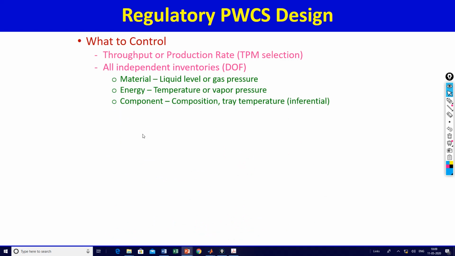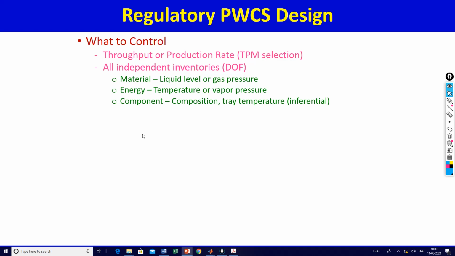So what to control? Well, you got to control the throughput, and then you got to regulate all the independent inventories which comes from a degrees of freedom analysis, and these inventories are reflected in levels and pressure, that's material inventory. Energy inventories are reflected in temperature if it's sensible effects, or vapor pressure if it's latent heat, liquid to vapor conversion, latent heat effects.